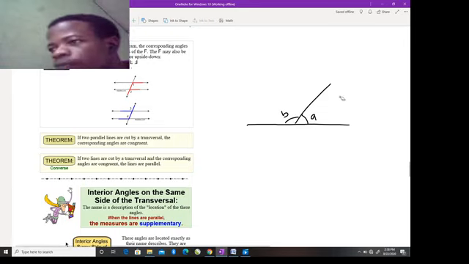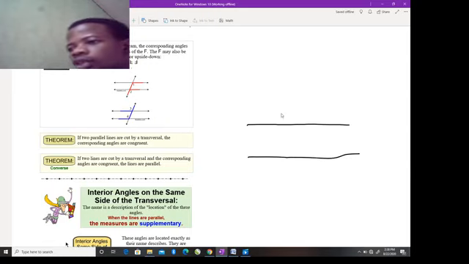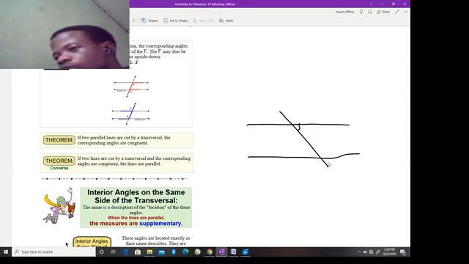Just follow me. So this A and B will add up to 180. If you now have it in this form, you now have this. This angle is on the transversal line. This angle is on the transversal line. So I can have G here. I can have H here.